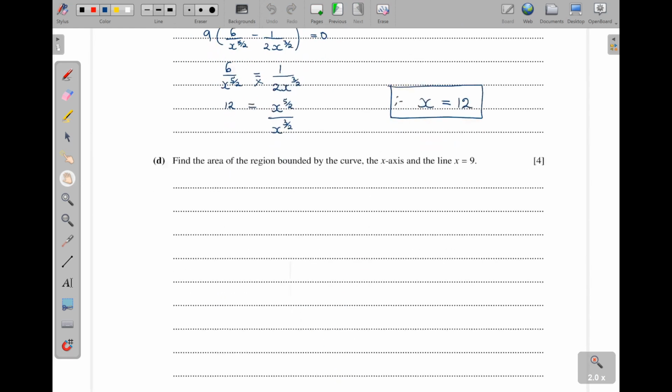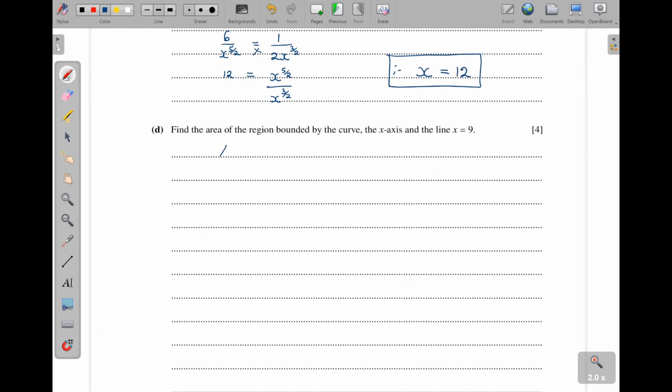I will therefore say that our area shall be equal to the integral from 4 to 9. I'll put the 9 outside, okay? And then we have x to the power of negative a half, the y which we have, then minus 4, x to the power of negative 3 over 2 with respect to x. And of course, when we integrate, we have to do away with the integral sign.